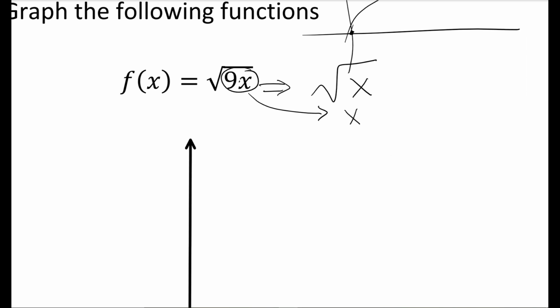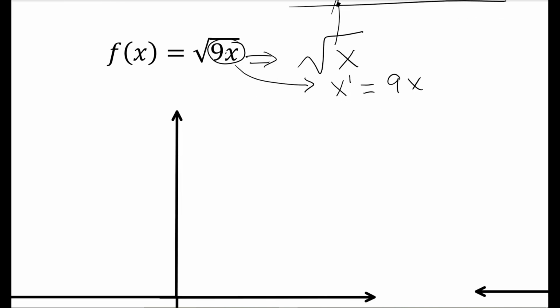Let's call this x prime or something like that, something to make this look different from the 9x here, so that we're not confusing the x prime with the x here. We're going to solve for x in this equation, and the only way to solve for x is to divide by 9, right? There you go. Now we have x in terms of this.